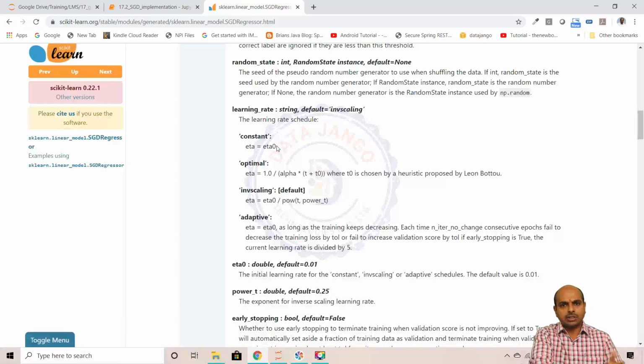In our theory, we said the learning rate is alpha, but here it is eta 0 in scikit-learn. So if you say learning rate is equal to constant, whatever value you set to eta 0 is going to be taken as the learning rate. But if not, it is going to use a learning schedule, right? Optimal, inverse scaling. These are all different approaches of calculating the learning schedule.